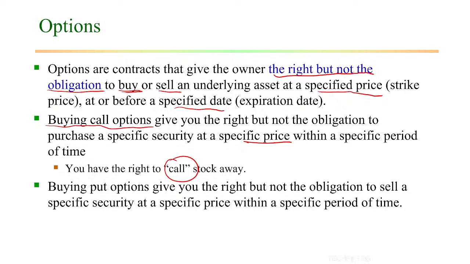So basically, the reason you are buying call options is because you think there is upside potential. So the security prices are expected to go up. And instead of buying the security and locking up a big chunk of your money, you could just use call options.